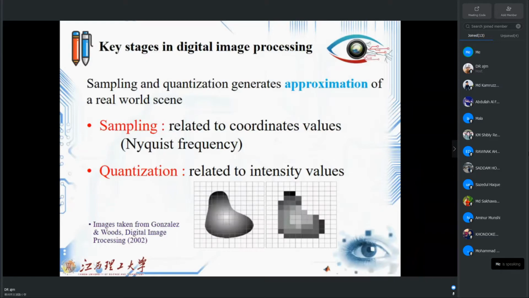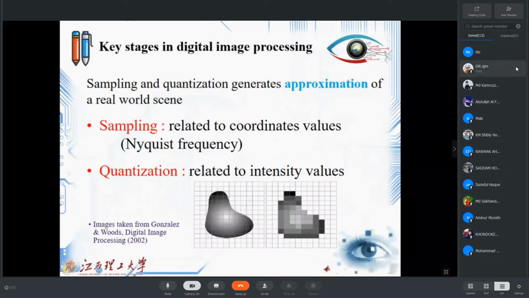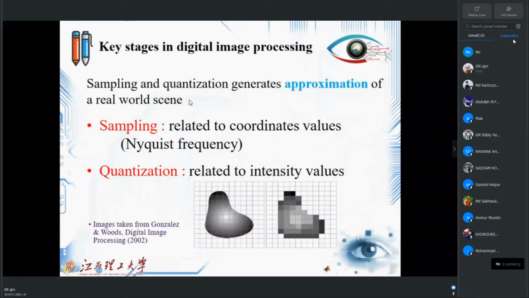One is sampling, and the other is quantization. Let us see what these are. Sampling and quantization generate an approximation of the real world scene. That is why I tell you that a digital image is really not the exact image.